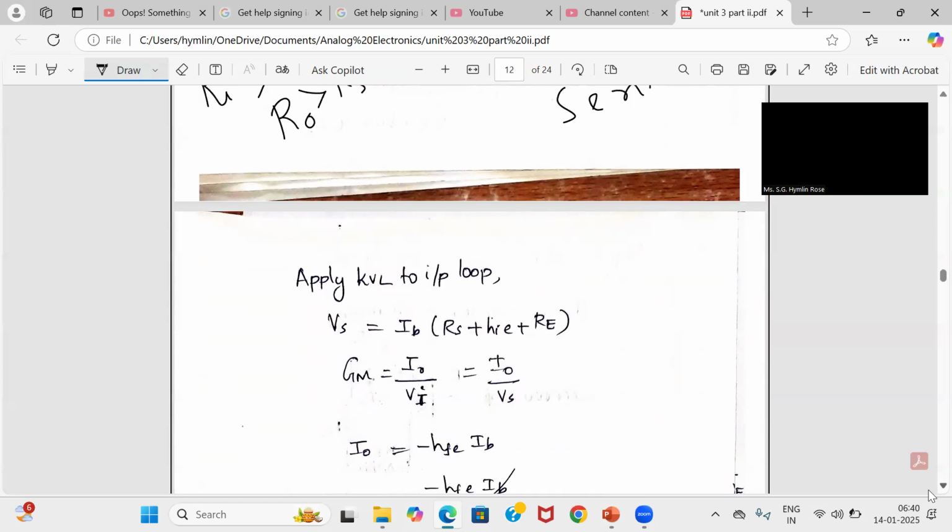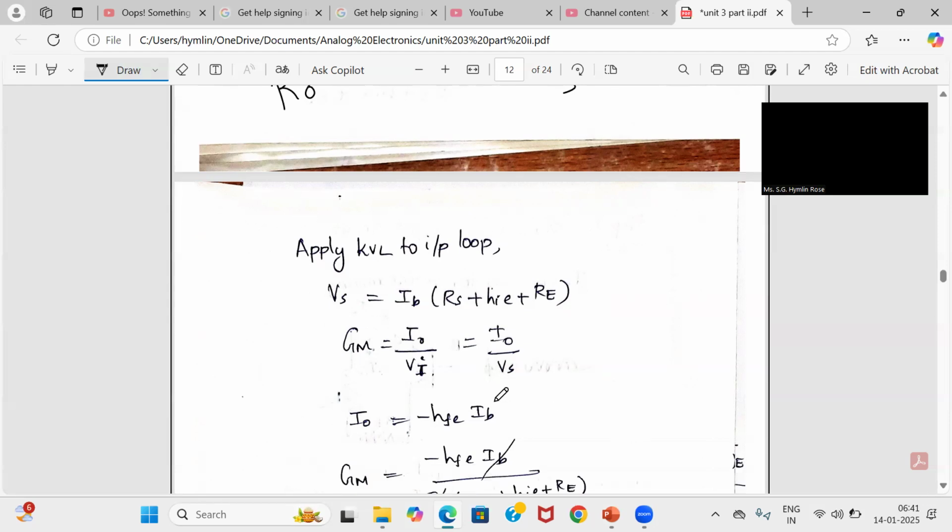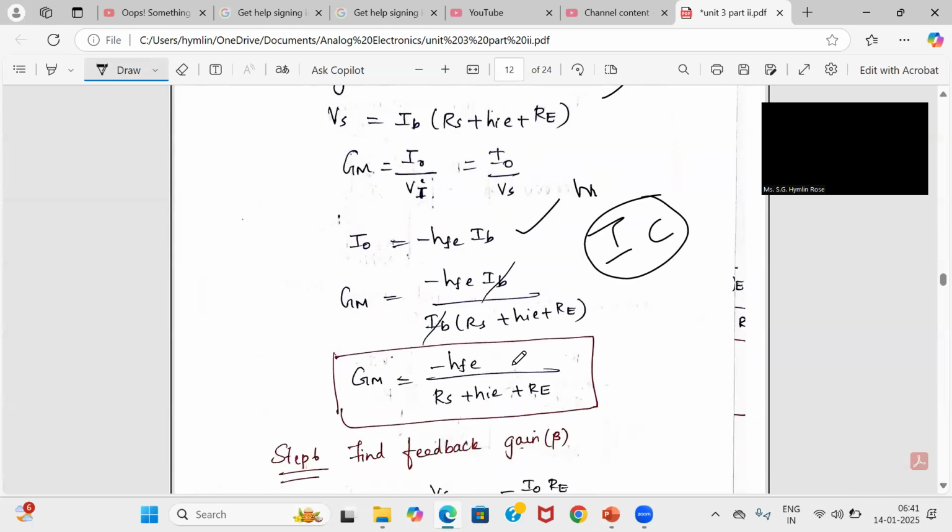So it is nothing but minus HFE into IB, because the current is equivalent to HFE into IC, and since the collector current and the base current are the same, it is minus HFE into IB. So we have found the value of I naught and Vs. Now substitute these in the equation for GM, and you obtain GM equal to minus HFE by Rs plus HIE plus Re.